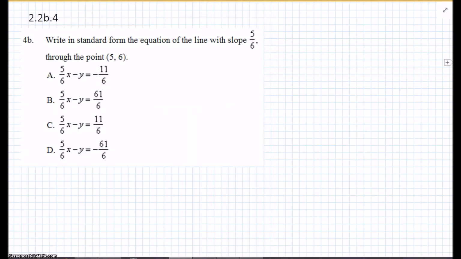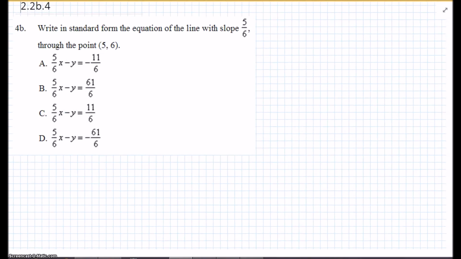Okay, moving on. You can try this one on your own if you'd like. I'll give you a second to start. Okay, hopefully you're able to figure everything out and solve it. We have a slope of 5 over 6. My x1 value is 5, and my y1 value is 6.